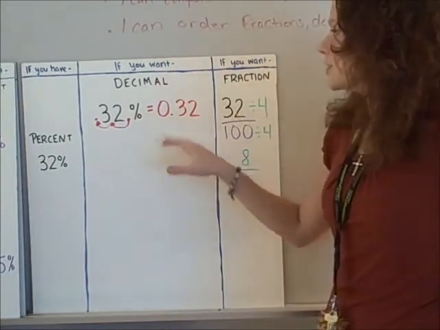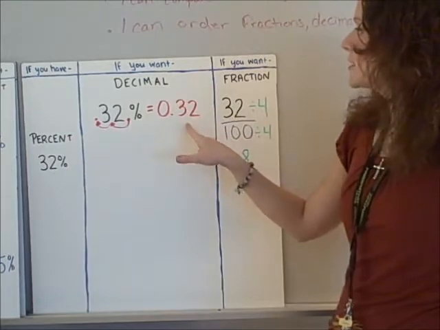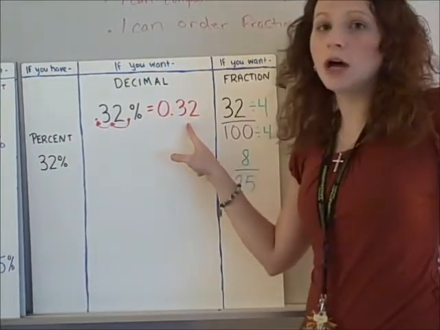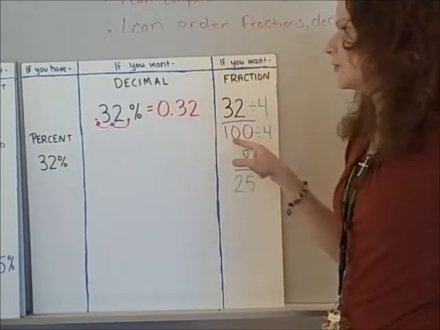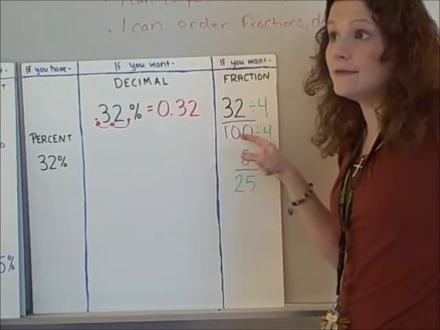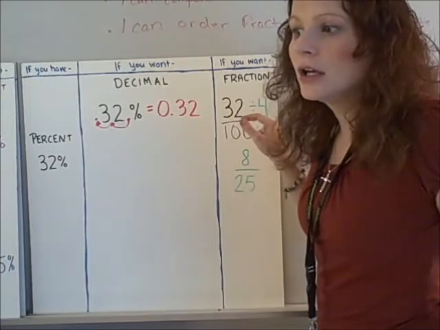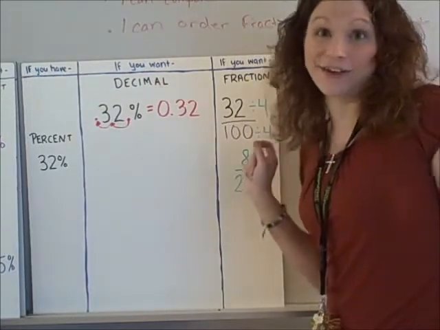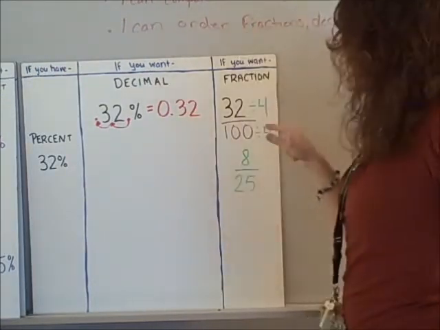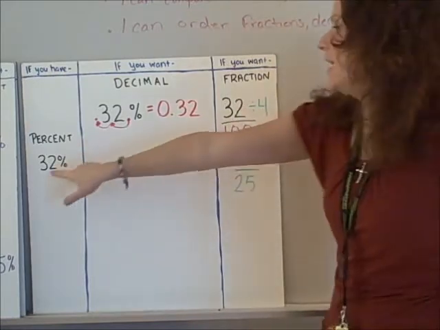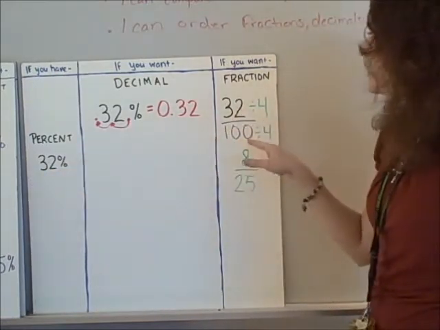So as a fraction, I changed it to a decimal first, and I said, okay, that's 32 hundredths. 32 over 100. Or, even simpler, percent is always out of... Very good. You are right yet again. 100. So I could just take that percent and put it over 100.